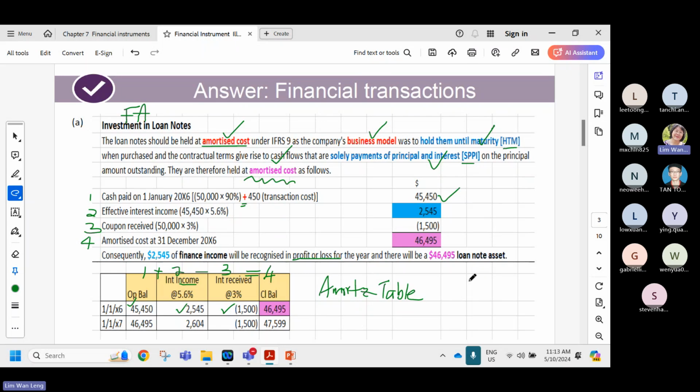So that now. Remember just now, we have seen from the Rimba question, column 2 will go to the SOPL. Column 4 will go to the SOFP. Agree or not? Let's have a quick look.